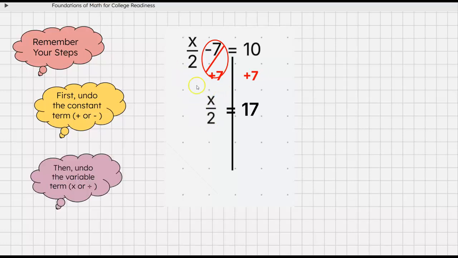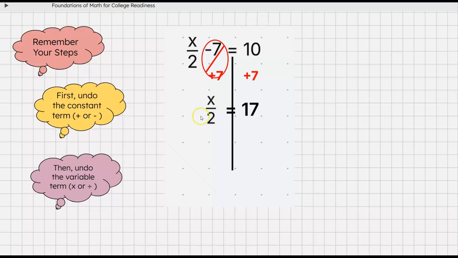Now we look at what is with our variable. We have a fraction with x divided by 2. If you remember from the one-step equations, anytime you see a fraction like this, when the x is in the numerator and we have a denominator, this is division.